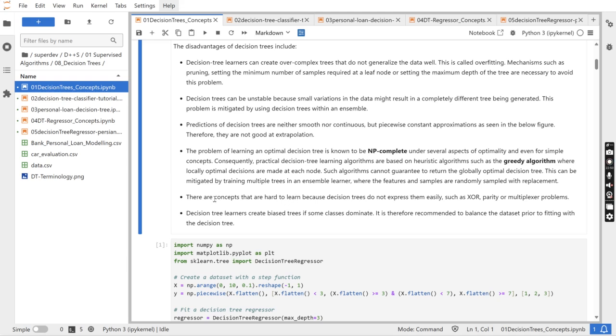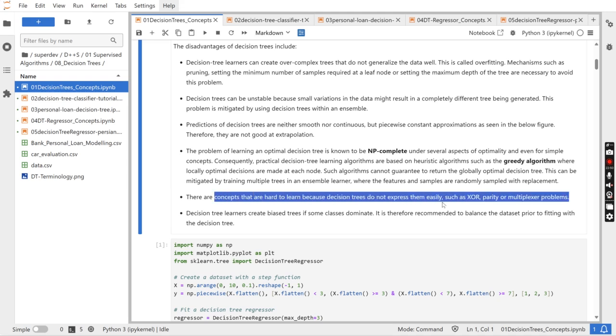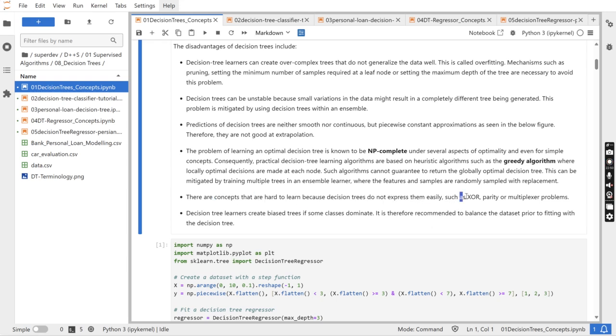Next, there are certain concepts that cannot be expressed easily with decision trees. Some problems are XOR, parity, or the multiplexer problem. XOR means, you know the XOR gate, right? You know the OR gate.